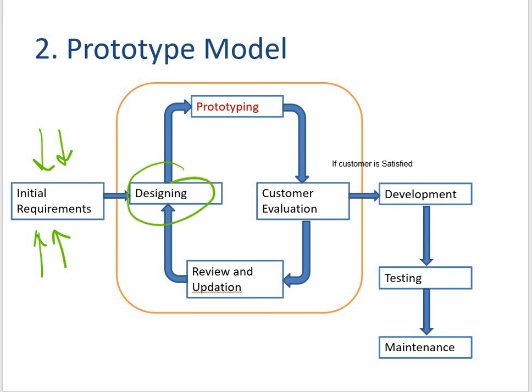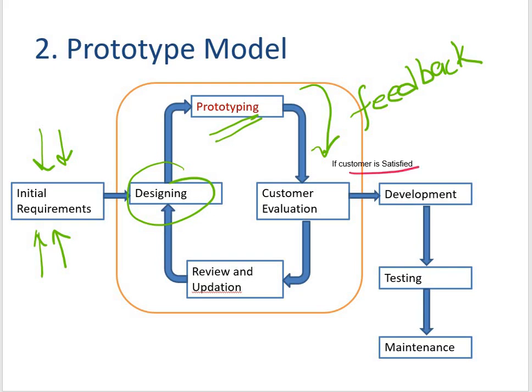Of course, designing requires planning as well. Post designing, we build this prototype, and this prototype is passed on for the customer's evaluation. So we seek the feedback from the end user, that means the client for whom I am building this particular product.